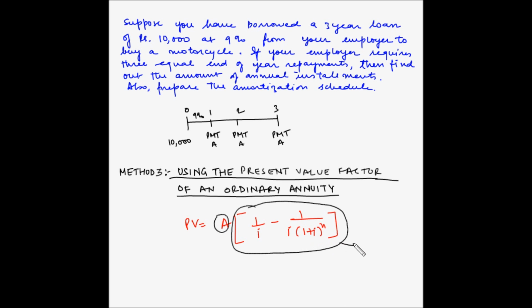Now this part is also known as the present value factor of an annuity, and standard tables have been established for different values of n and I. So in our case, n is 3 and I is 9.